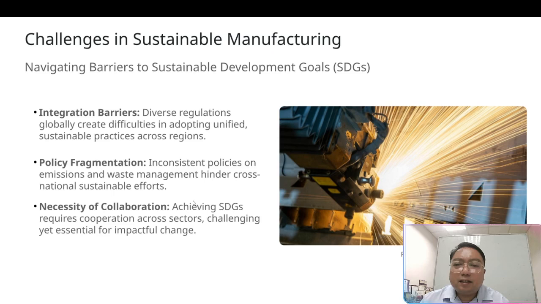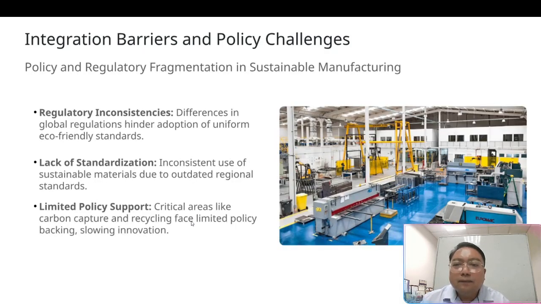Right? Policy fragmentation: inconsistent policies on emissions and waste management hinder cross-national sustainability efforts. Okay, necessity of collaboration: achieving the SDGs, the sustainable development goals, requires cooperation across sectors, challenging yet essential for impactful change. Okay, integration barriers and policy change.